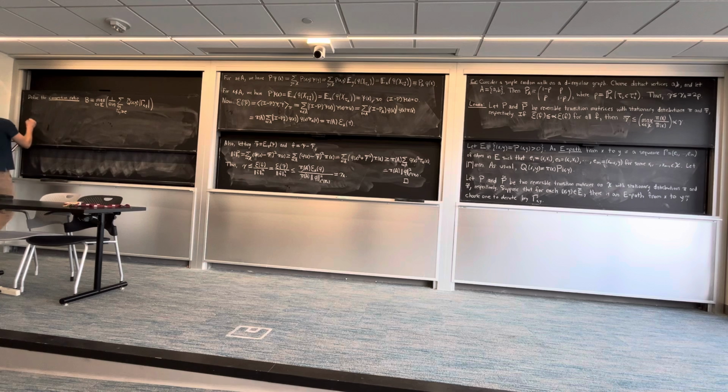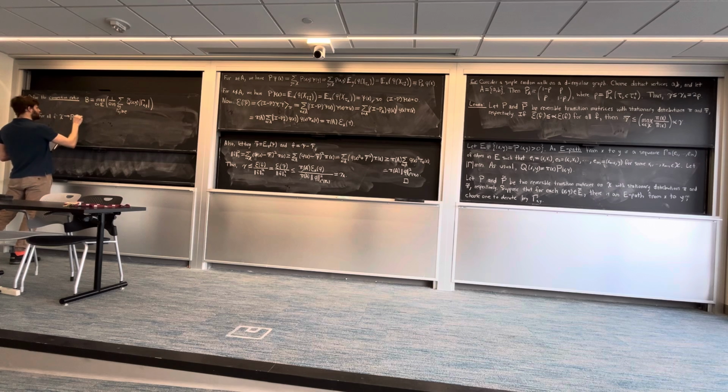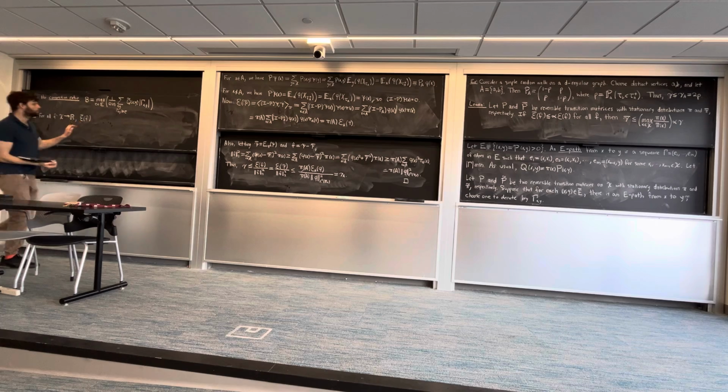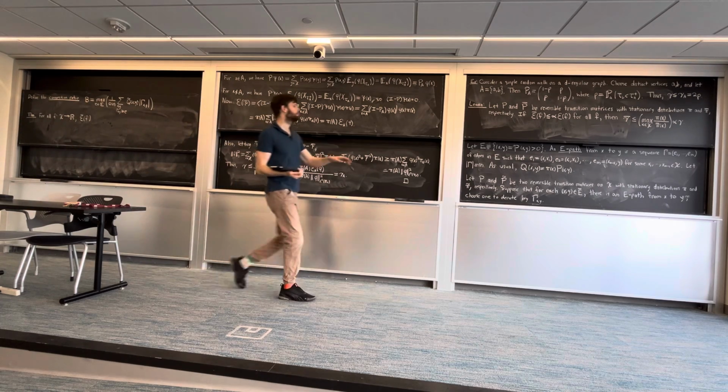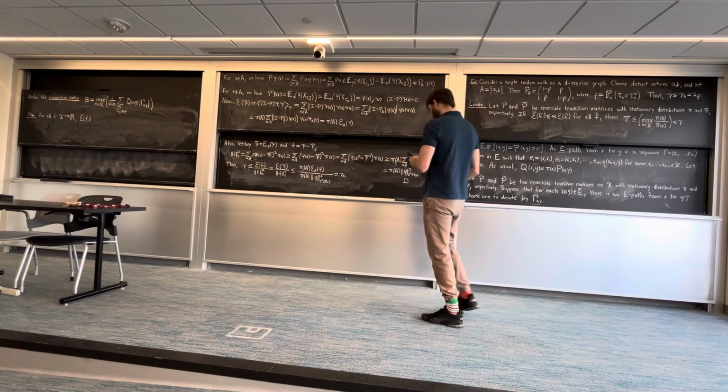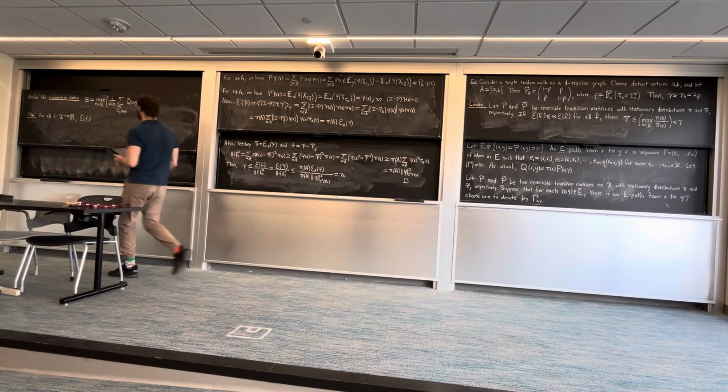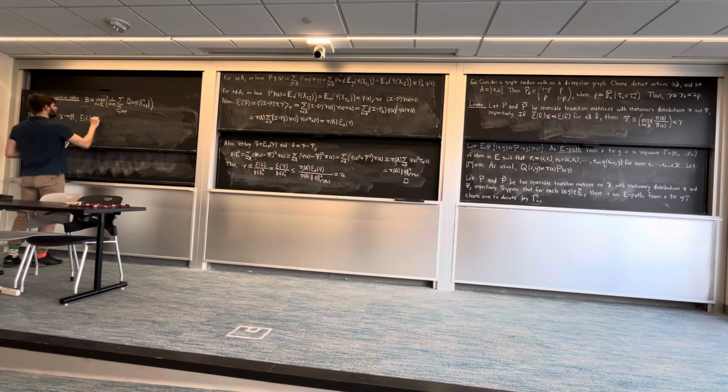Okay, so the theorem says for all functions f from X to R, we have E tilde of f, which is the Dirichlet form for P tilde, is less than or equal to this congestion ratio B times the Dirichlet form of f.